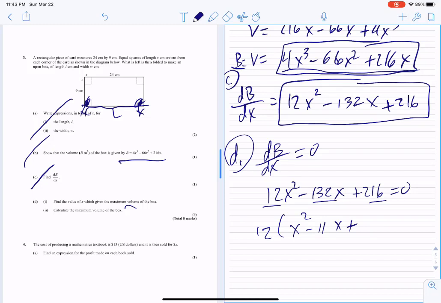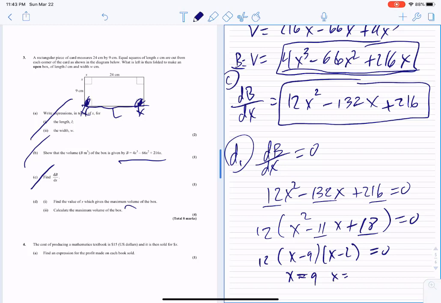What's the difference there? 24. This should be 18, I believe. Okay, so we need factors of 18 to add to make negative 11. That's going to be negative 9 and negative 2. And then x would equal 9. And then x would equal 2.